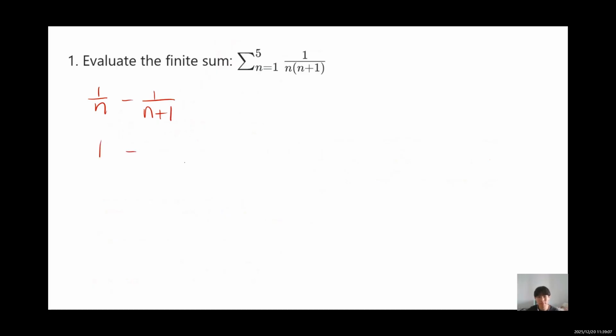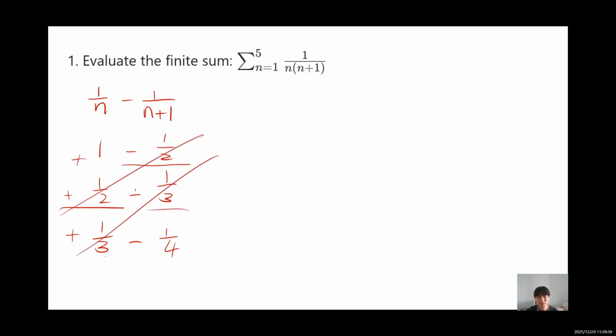Plugging in 1 gives 1 minus 1 over 2, plugging in 2 gives 1 over 2 minus 1 over 3, and 1 over 3 minus 1 over 4. Do you find something special? This is minus 1 over 2, and this plus 1 over 2. It can cancel. This one also cancels.